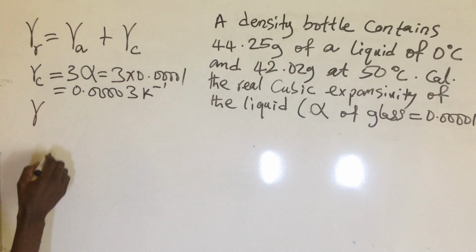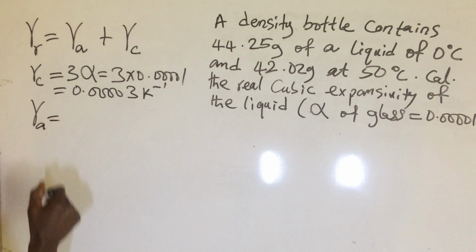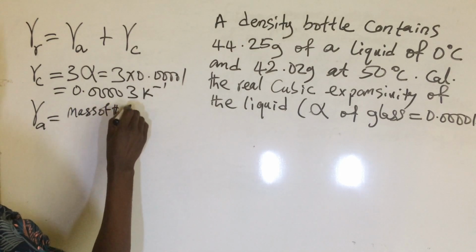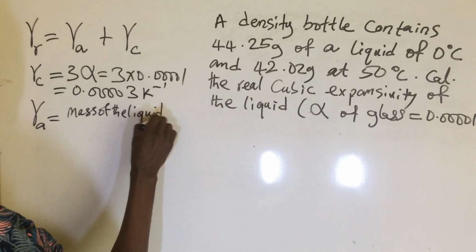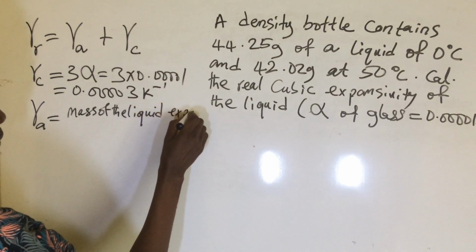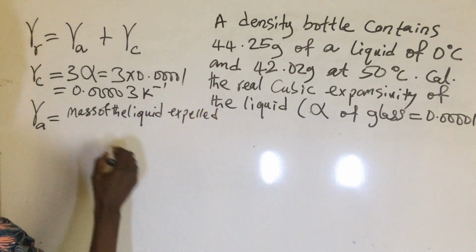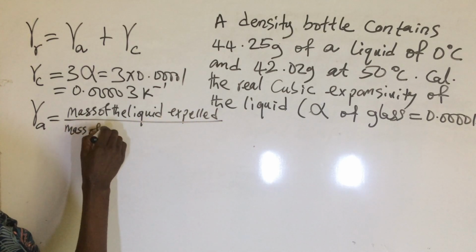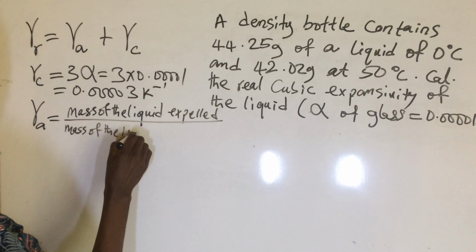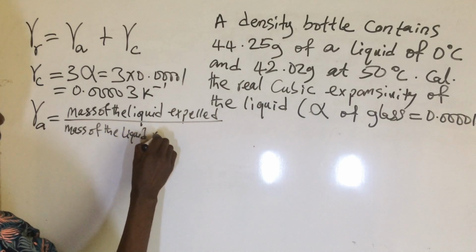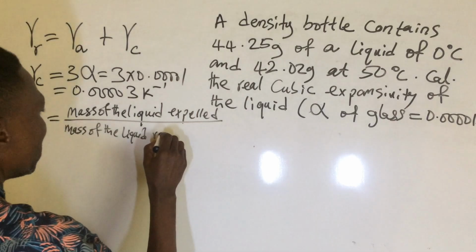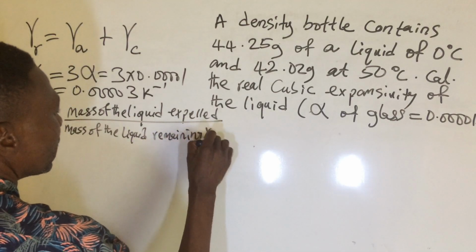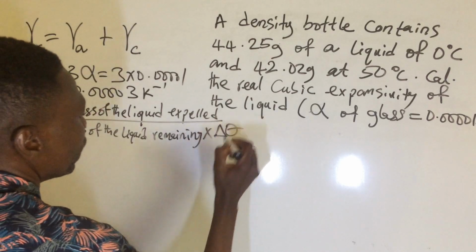Apparent cubic expansivity is equal to the mass of the liquid expelled over the mass of the liquid remaining times the change in temperature.